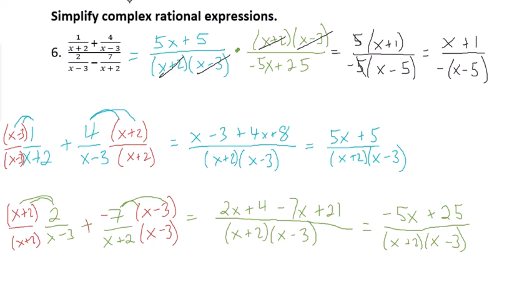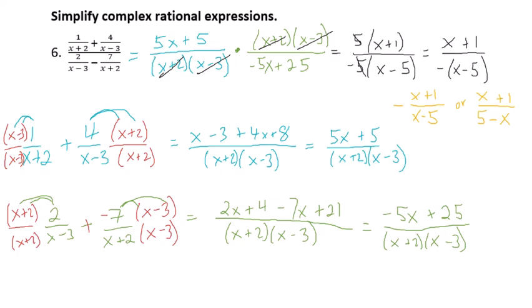Now you could take that same exact problem and write it as x plus 1 with a negative out in front, x minus 5. Or you can distribute that negative out and have x plus 1 over 5 minus x. But any of these three would be acceptable answers.